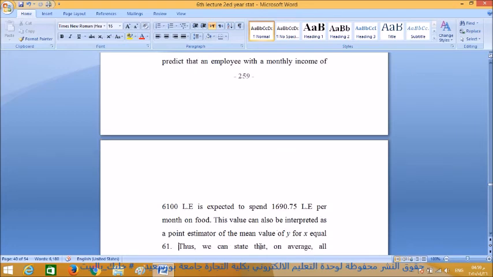This value can also be interpreted as a point estimator of the mean value of y for x equals 61 units.